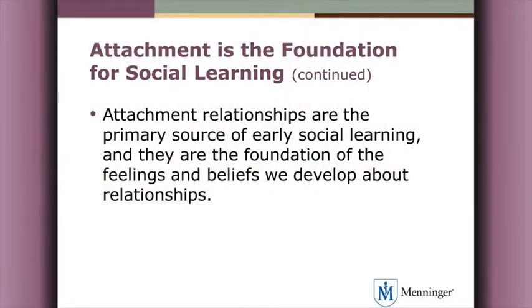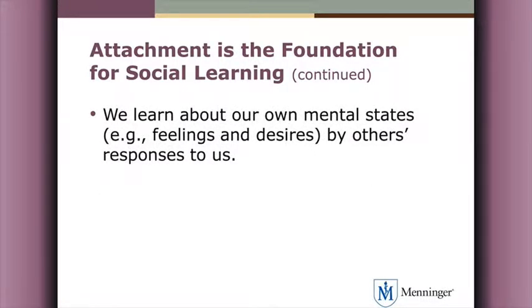And attachment relationships, these early attachment relationships, they're the relationships in which we start to learn about other people, about relationships, and not just about other people, but ourselves, because a lot of what we come to understand about ourselves is based on other people's responses to us.